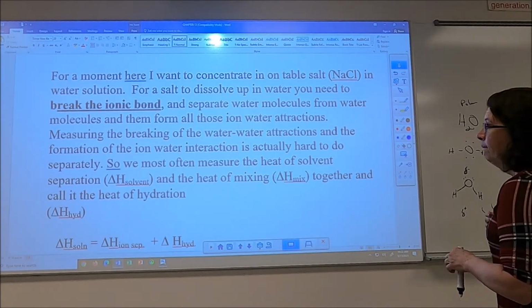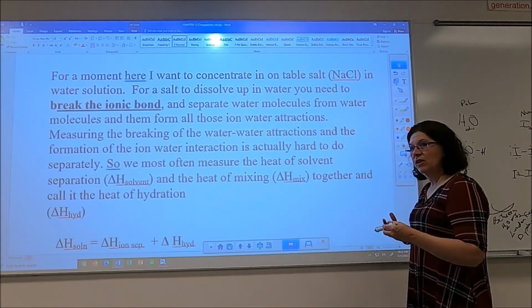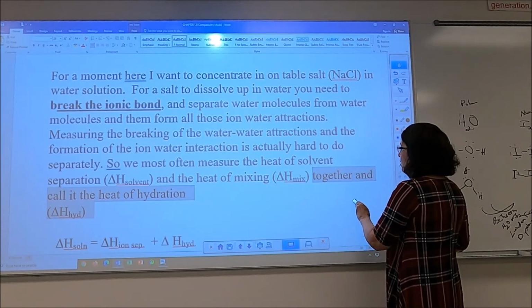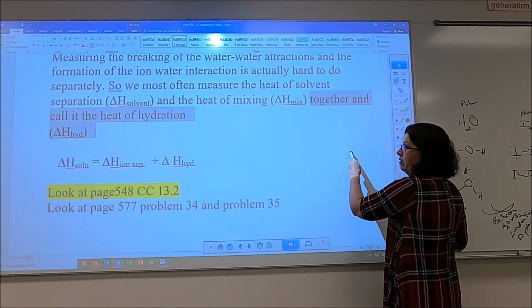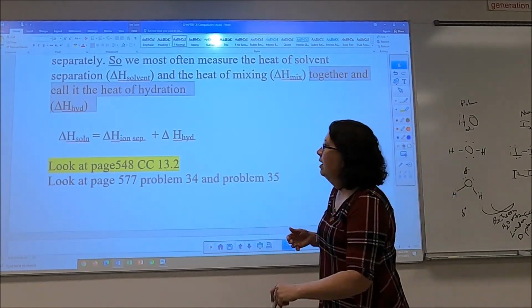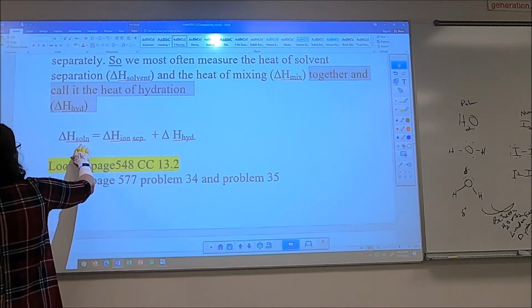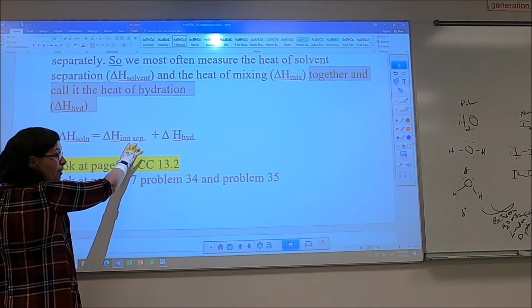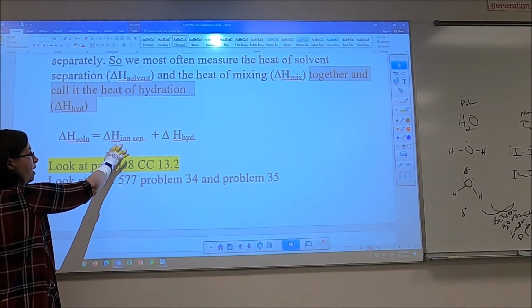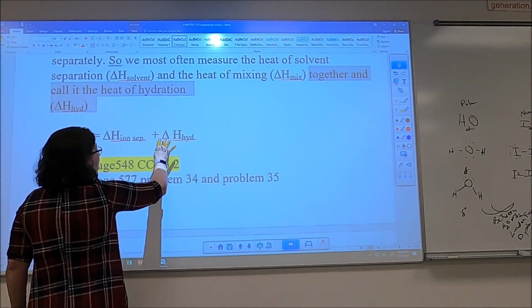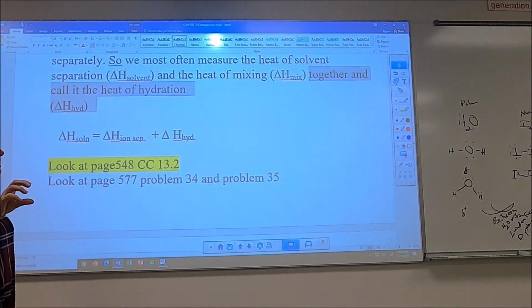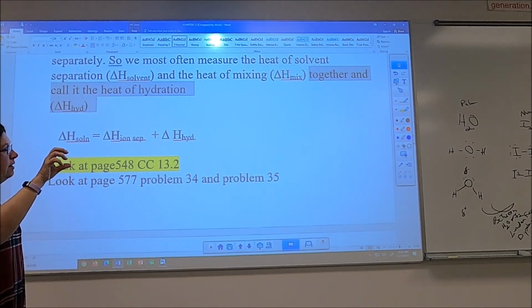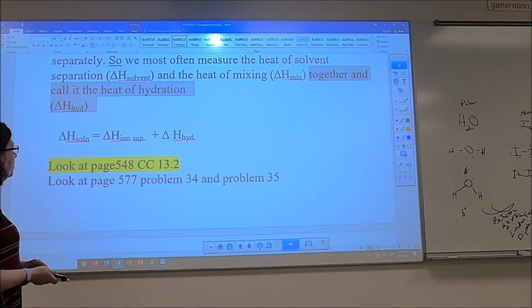Some of these things are sometimes hard to measure separately. So, when you're talking about salts dissolving in water, they talk about the delta H of solution being the energy change when the ions separate, when you're breaking the ionic bond, and the energy change when the ions interact with the water molecules.